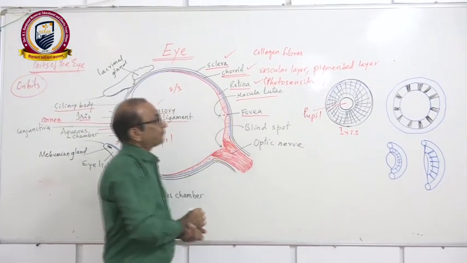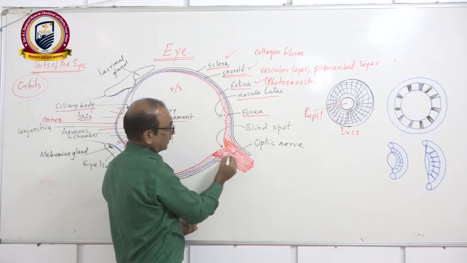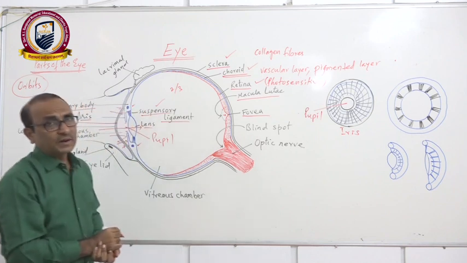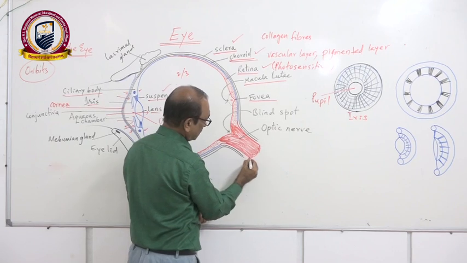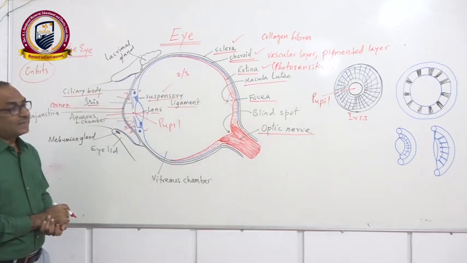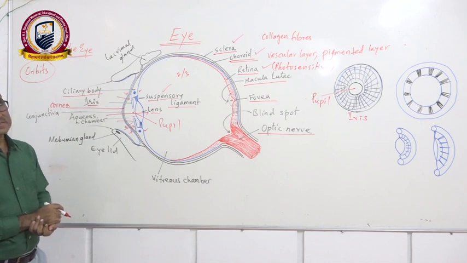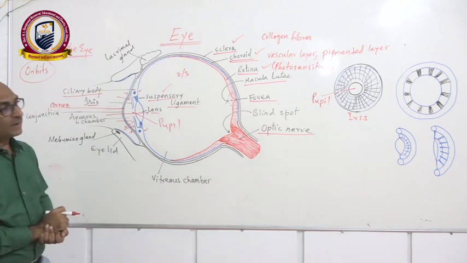Now from the retina, a large number of sensory nerves arise, and all these sensory nerves together will make up what is called as the optic nerve, and that carries the sensory signals from these photoreceptors in the retina.